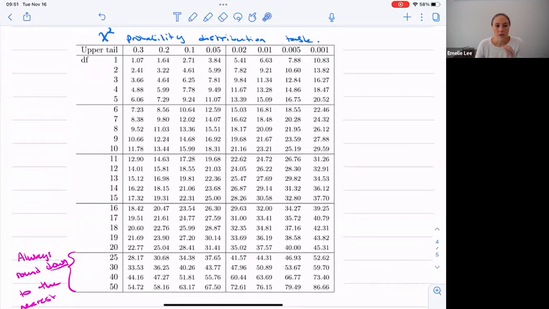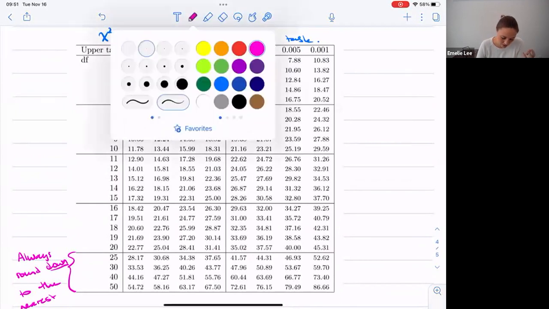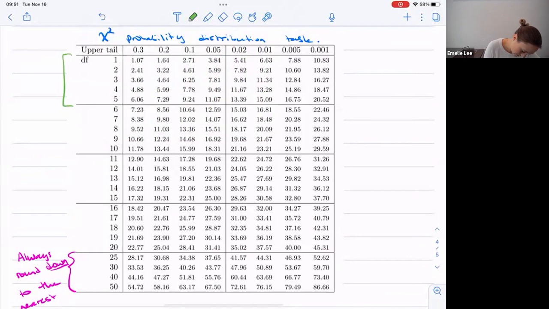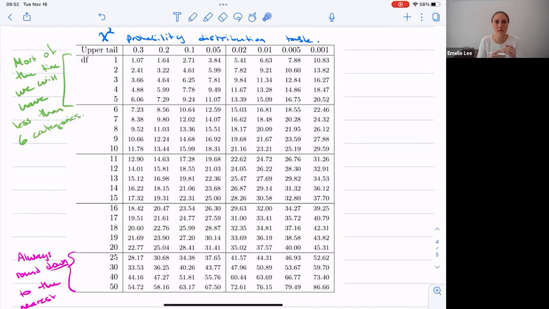Okay, so most of the time, we're not going to have more than 6 categories, right? Most of the time we will have less than 6 categories. It seems weird to have a huge number of categories that we want to analyze.